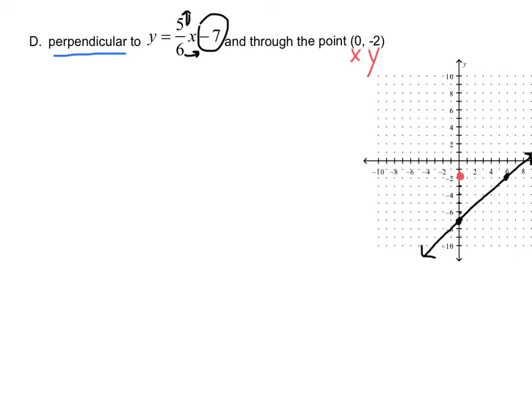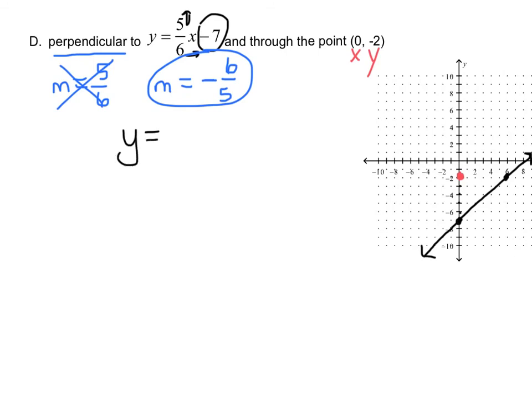The slope we need to use, currently the slope is positive 5/6. The slope we need to use is not going to be positive, it'll be negative, and it'll be 6/5. So we're not going to use that slope, we're going to use this for the slope. So let's plug the information into the equation.